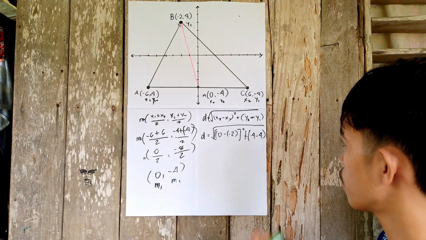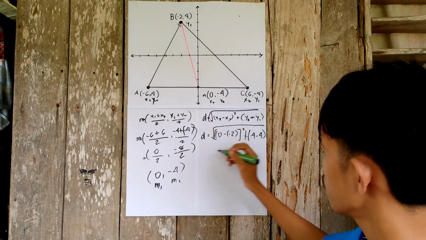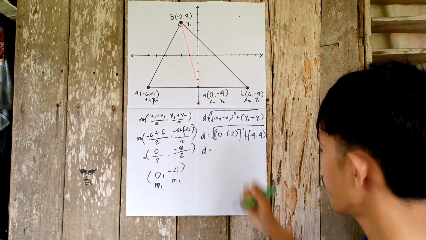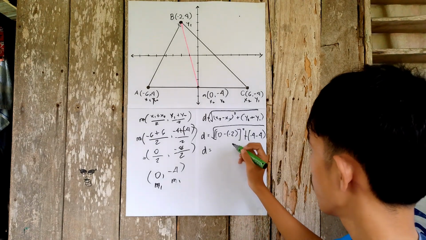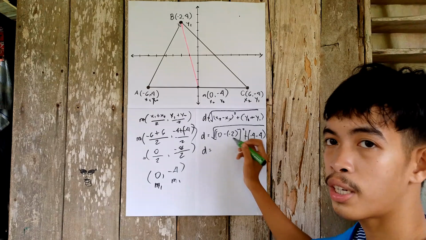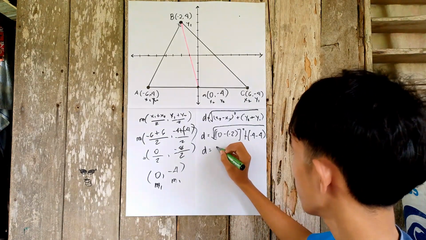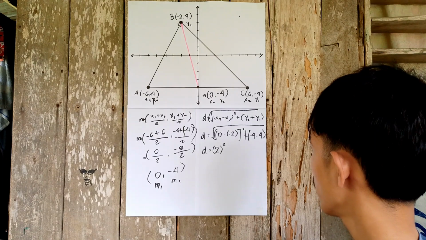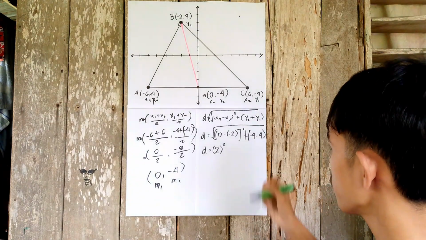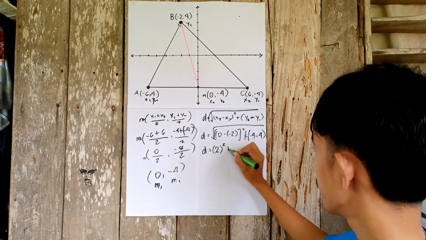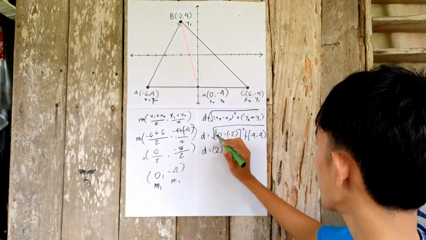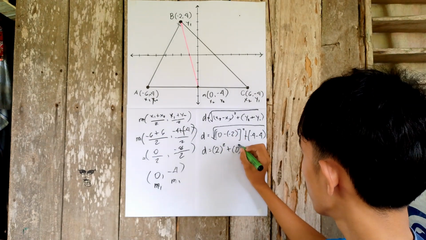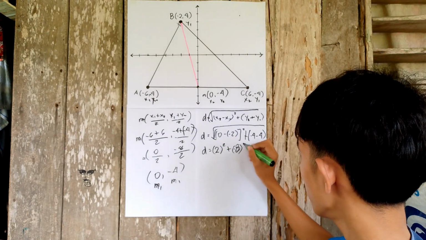So 0 minus negative 2 is equal to 2. Negative 4 minus 4 is equal to negative 8.